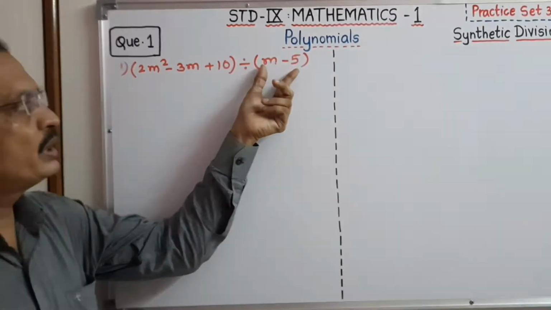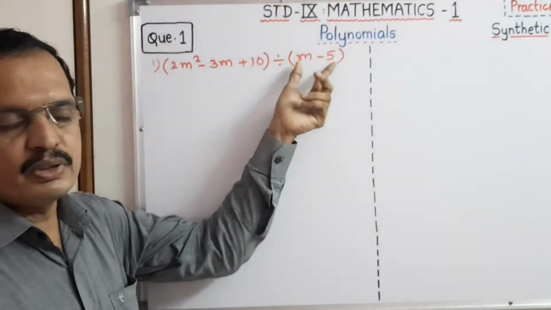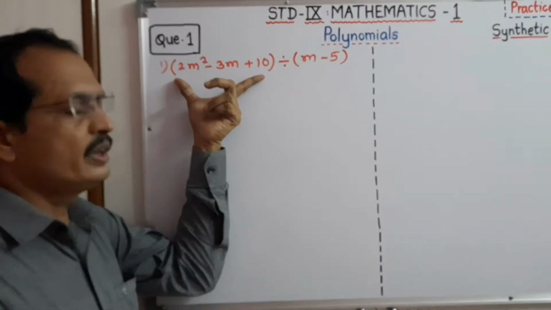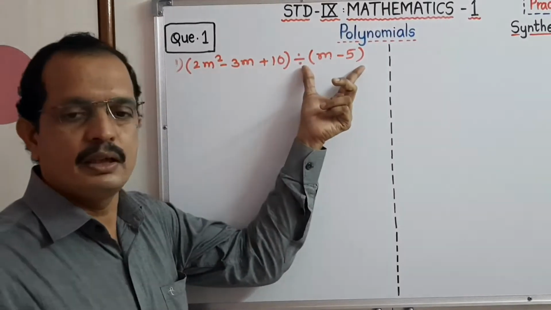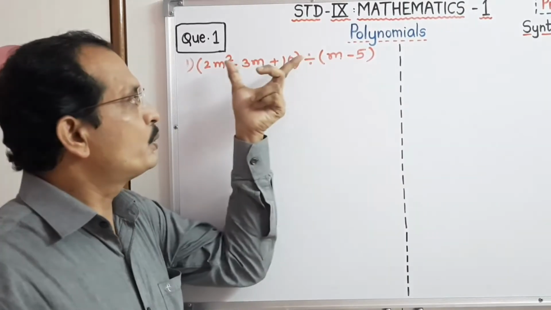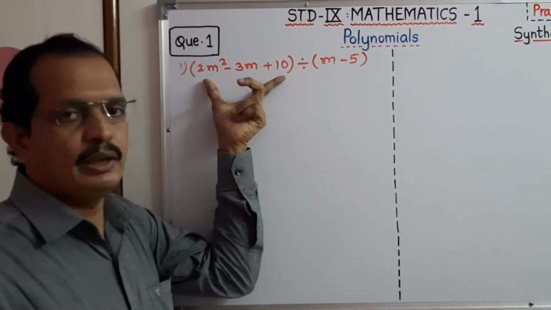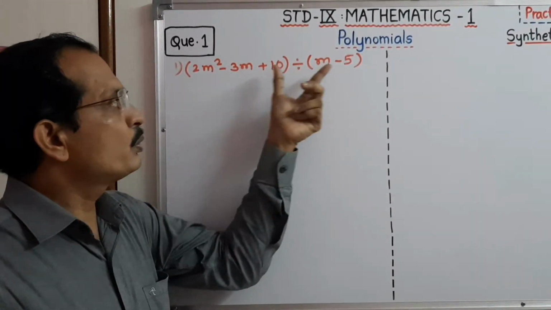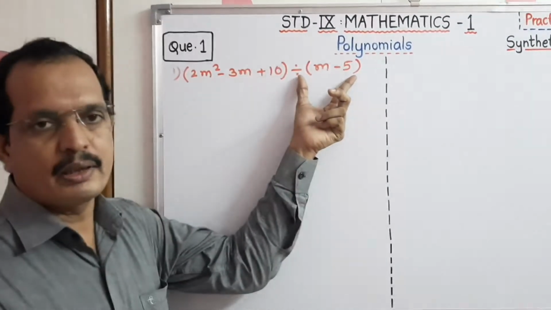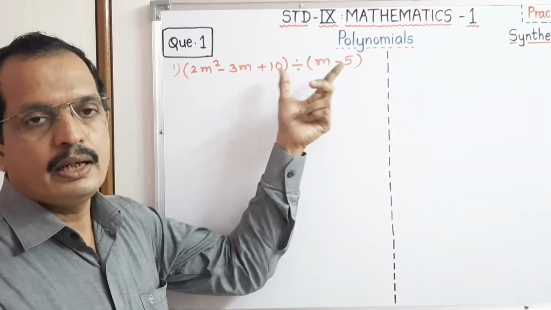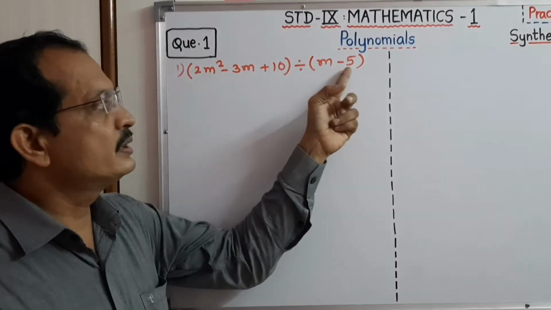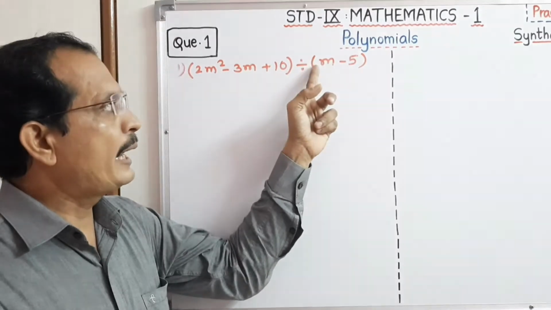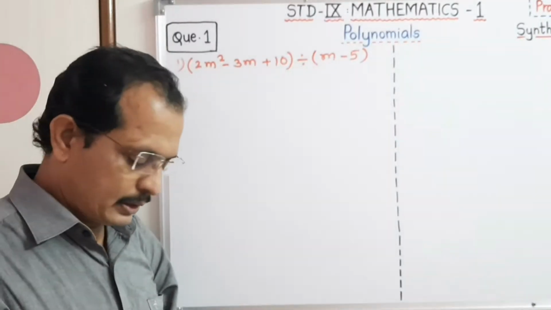This polynomial is a binomial. Always remember, this is the dividend and this is the divisor. We have to divide this polynomial, therefore it is called a dividend, and this polynomial we divide by, therefore it is called a divisor. And in this case the divisor is a binomial of m minus 5 type.